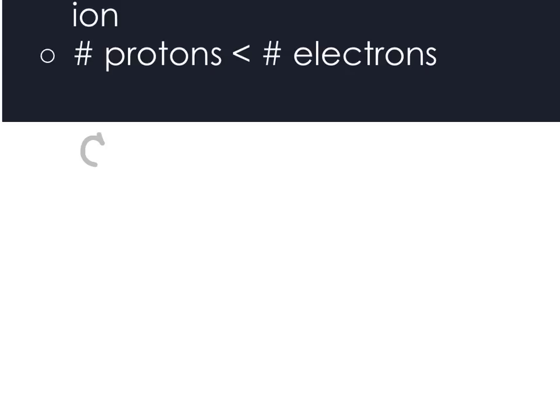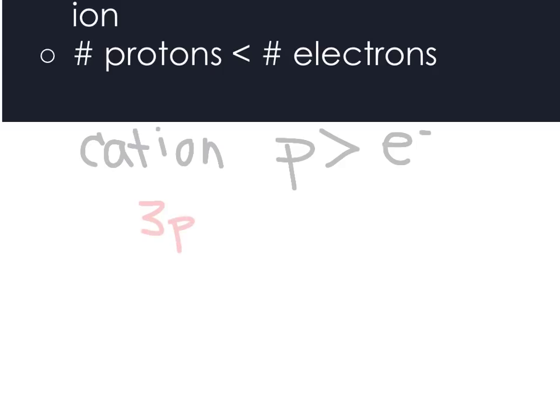Alright, so we have the cation. And remember, for a cation, they have to be positive. So that means you need to have more protons than, nope, not neutrons, more protons than electrons. So let's do the math on that. Let's say I have an atom with 3 protons, and I need to have more protons, so 2 electrons.